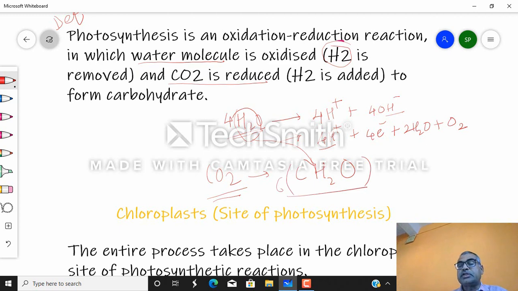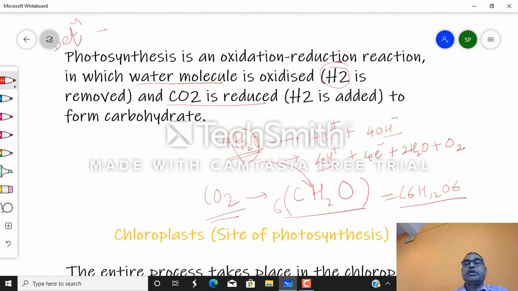If you see here, C6H12O6, this is the glucose. So photosynthesis is an oxidation reduction reaction where water molecule is oxidized, that means H2 is removed from the water molecule, and CO2 is reduced, that means addition of H2 to the carbon dioxide forming the carbohydrate. So this is a definition of photosynthesis.